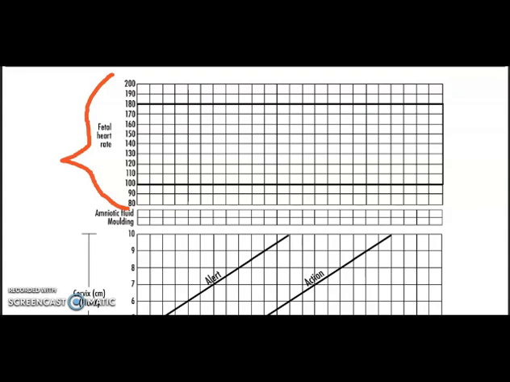These dark lines indicate the area within which you expect the fetal heart rate to be. Beyond this is a great abnormality and it needs urgent intervention.